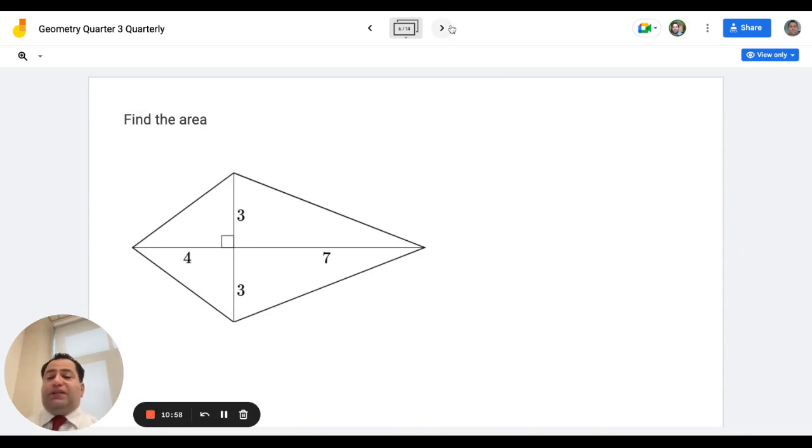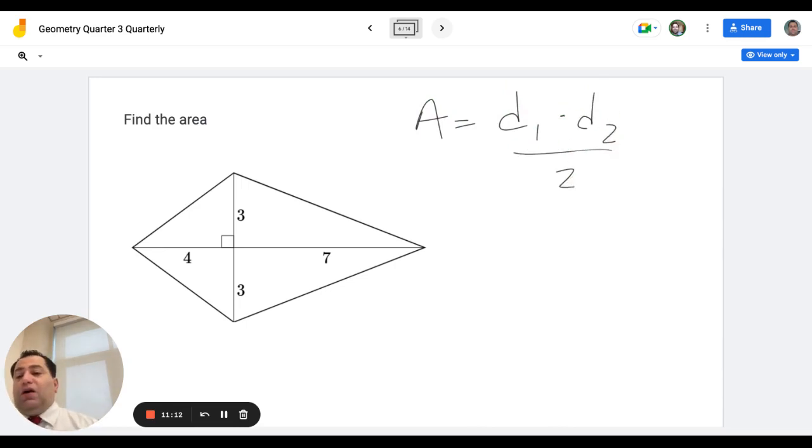Our next problem is area of a kite. So you'll remember from class the area of a kite is equal to diagonal 1 times diagonal 2 divided by 2. So once you know what you need to look for, it actually becomes quite easy. Again, this is for both geometry classes.